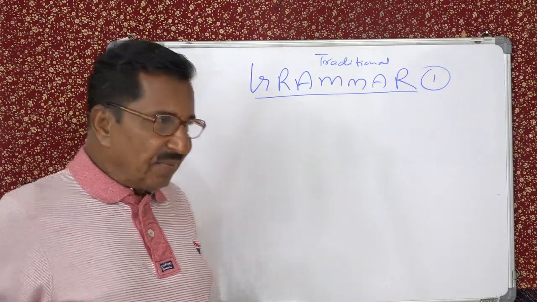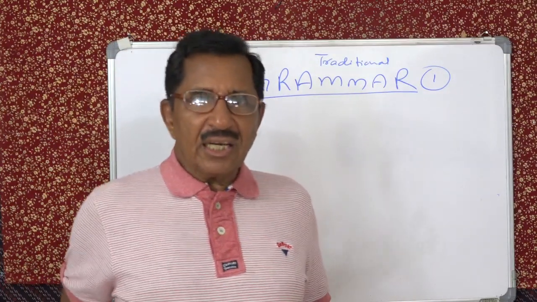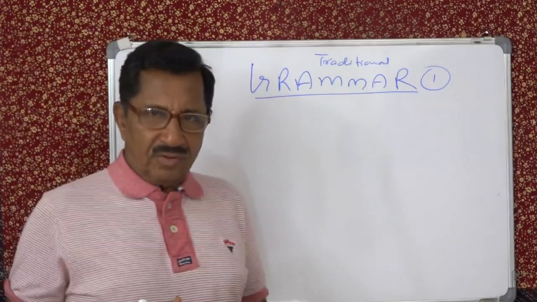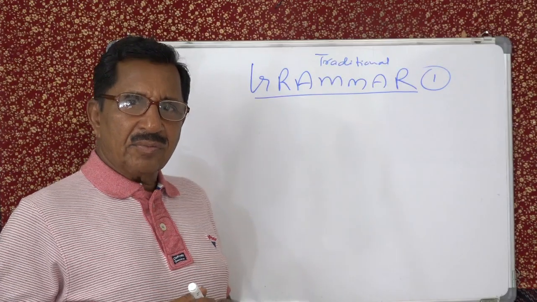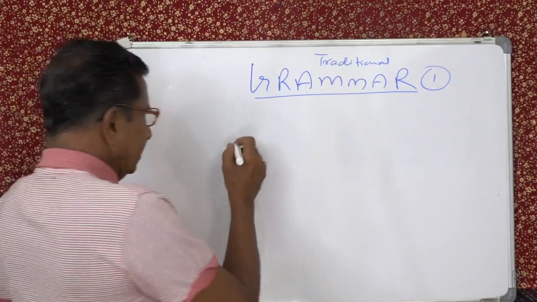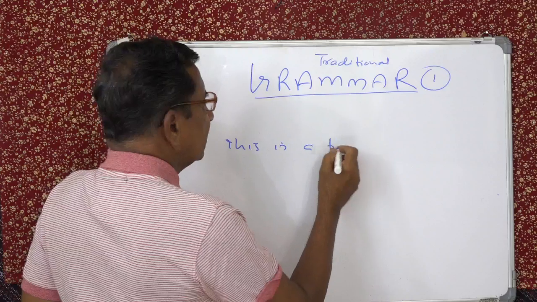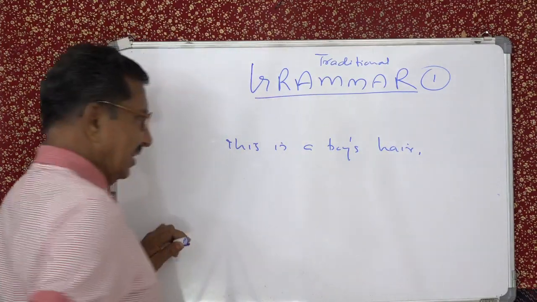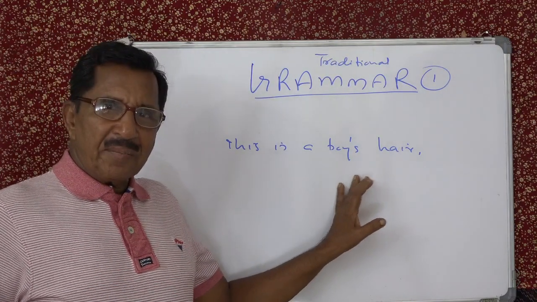Then another definition is that it deals with the morphemes and their combinations. Morpheme, smallest meaningful unit, you know. So there are combinations. For example, grammar will tell you that this is a boy's hair. That is how the morphemes are combined.